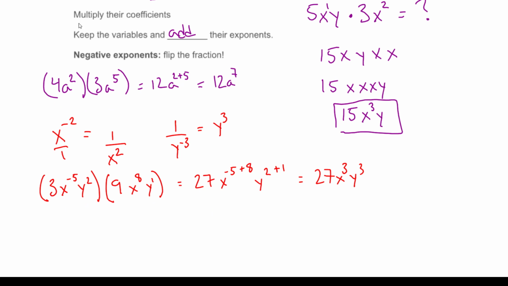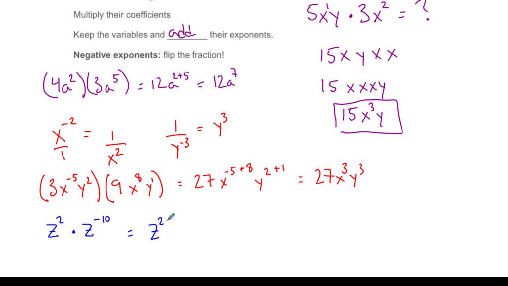Right? Let's look at an example where you don't get a positive exponent and you have to flip it. So suppose we had z to the 2nd power times z to the negative 10th power. All right, my exponent rules say I need to add these exponents.